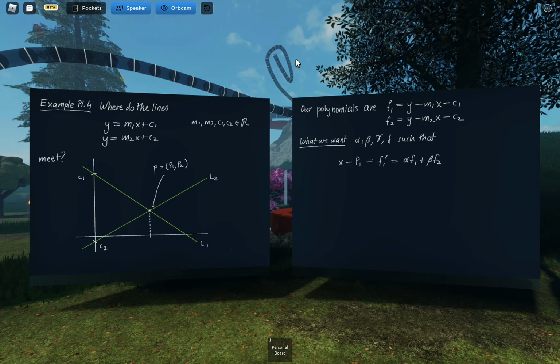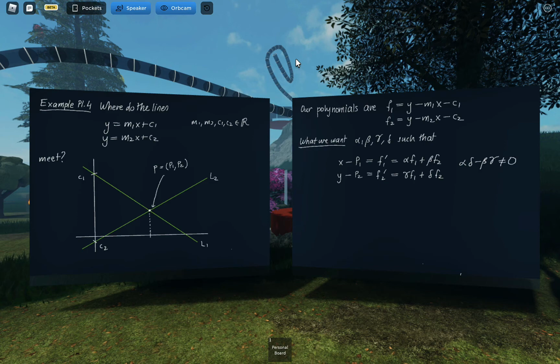Now we have to figure it out. For some P1, P2, we don't know what they are yet, and for some alpha, beta, gamma, and delta. And we want the condition of the previous discussion to be satisfied so that the solution sets are actually equal, so this actually solves our problem.